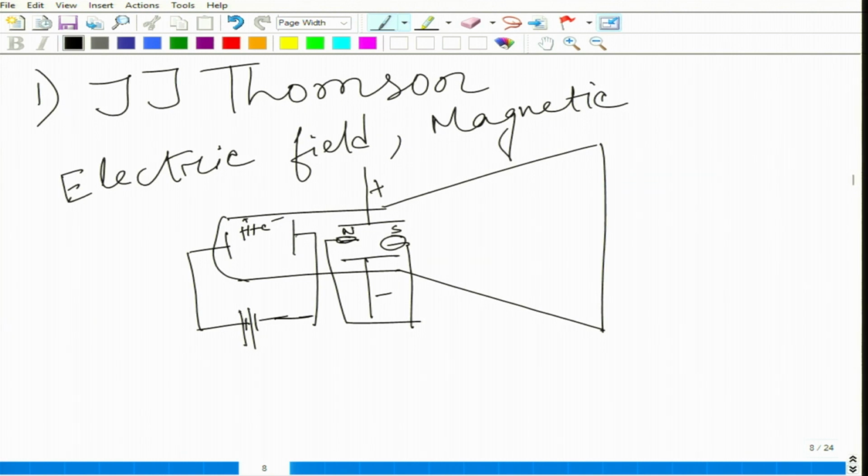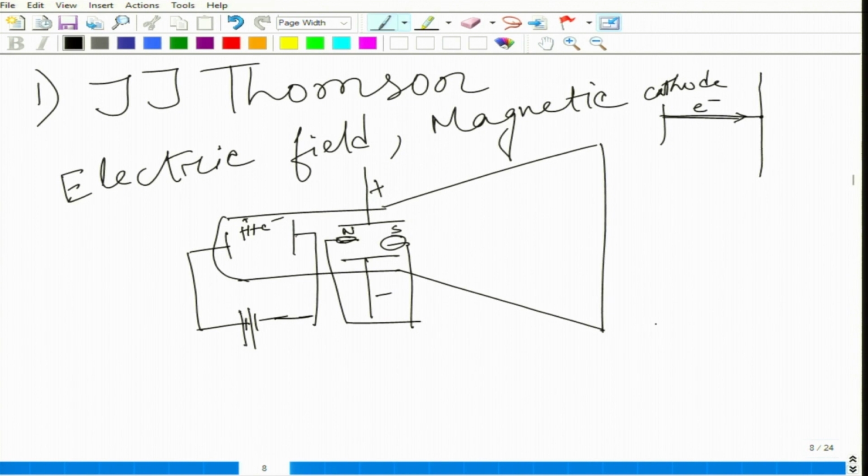So, first of all, if we assume that the electric field and magnetic field are not present, so what will happen? This is the cathode. Electron beams will come out from the cathode and they will hit the screen in a straight line.